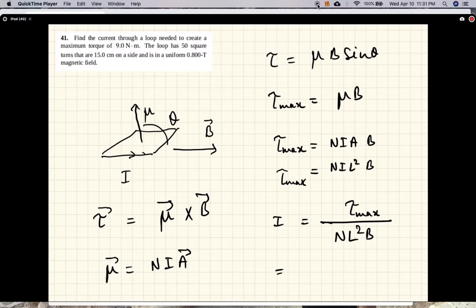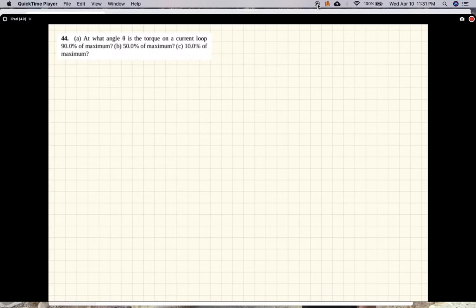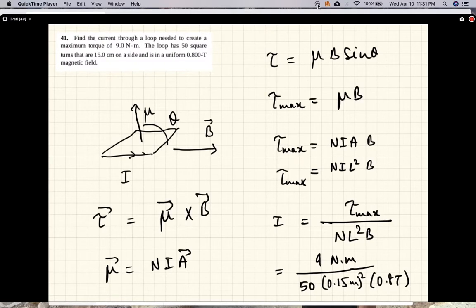Let's see, what is this? 9 Newton meters. We have 50 loops and 0.15 meters squared, and the field is 0.8 Tesla. Alright, so let's add a page. So the current is equal to 9 divided by 50 times 0.15 squared times 0.8.